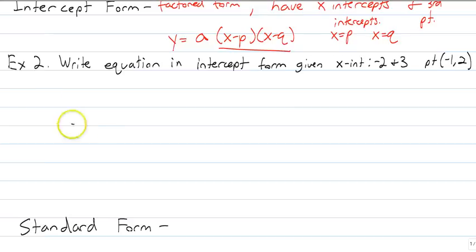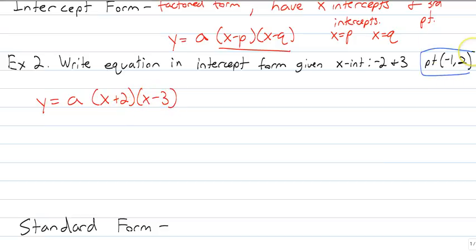Write an equation in intercept form, so y equals a times x, and then my intercepts are -2 and +3, so it's the opposite of that. This will be x plus 2, this will be x minus 3. Again, this is in factored form. The only thing we have to care about is this a value, and we're going to use our third point to find that. So my y value is 2, my a value we are looking for, we have -1 plus 2 and -1 minus 3.